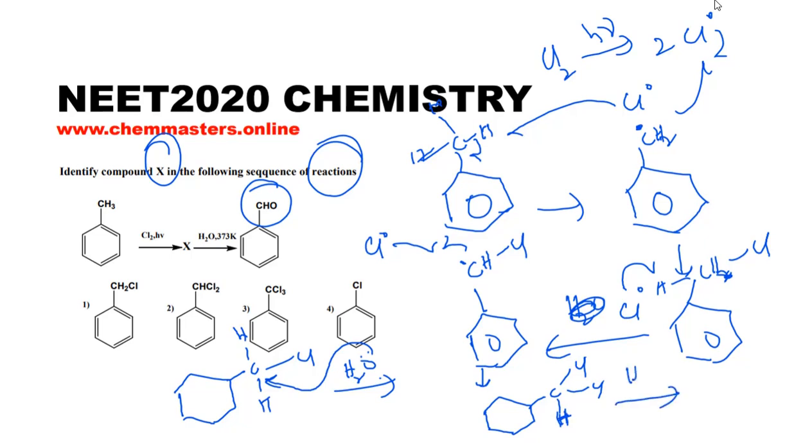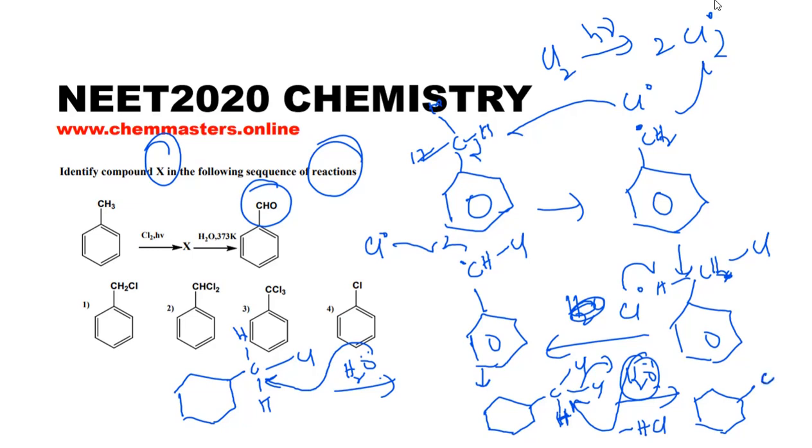Now we need to add H2O. If you add it here as a nucleophile, then one chlorine cleaves from it, and also H plus from this water molecule. In total, HCl cleaves from it.